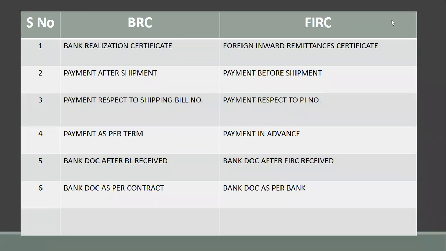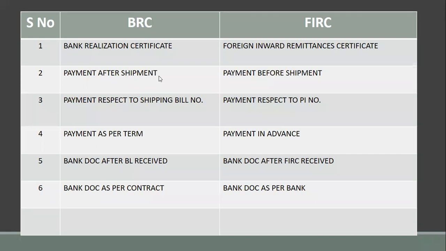First, BRC stands for Bank Realization Certificate and FIRC stands for Foreign Inward Remittance Certificate. This is the basic difference of the full forms. Now, payment in the BRC case is after shipment.